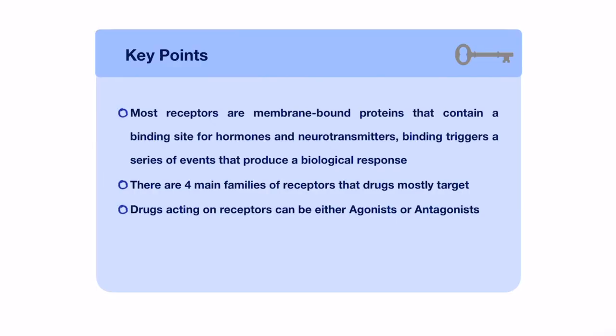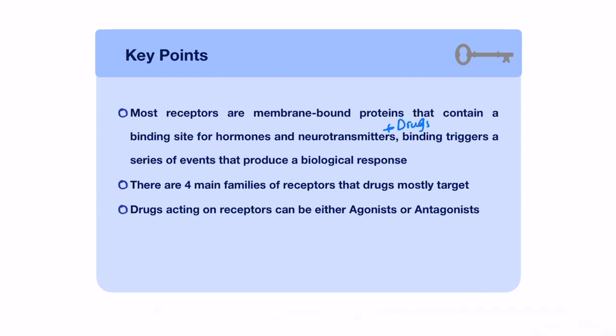Now for a key point summary of this video. We should know that most receptors are membrane-bound proteins that contain a binding site for hormones, neurotransmitters, and drugs. Binding triggers a series of events that produces a biological response.